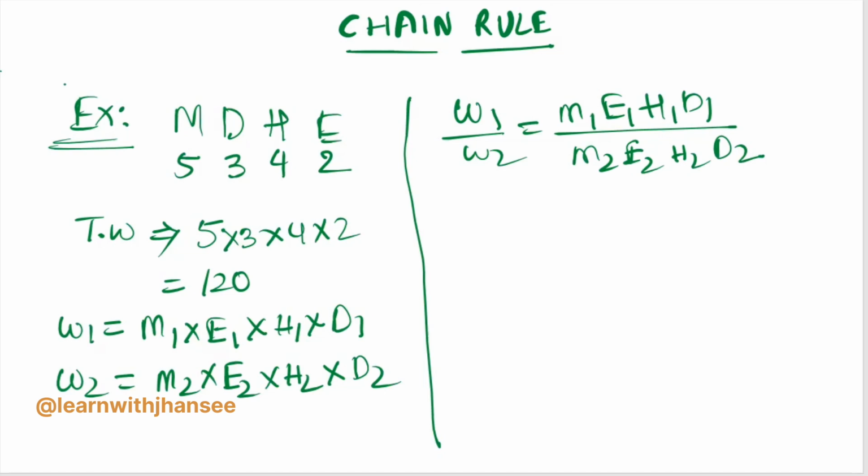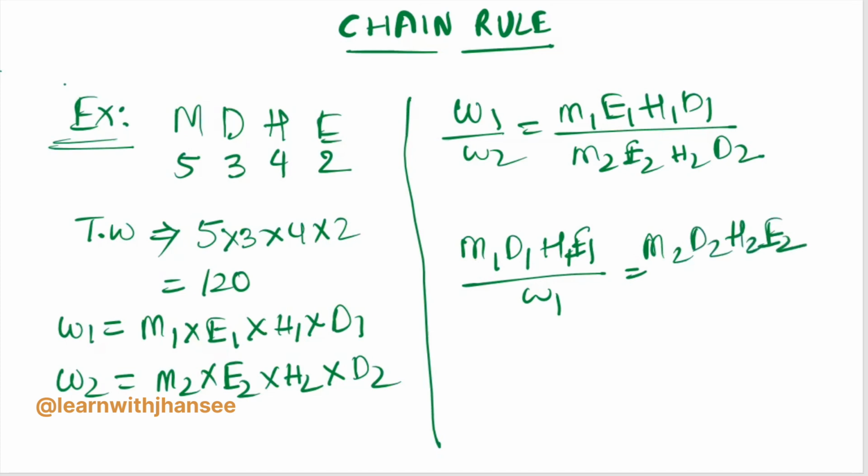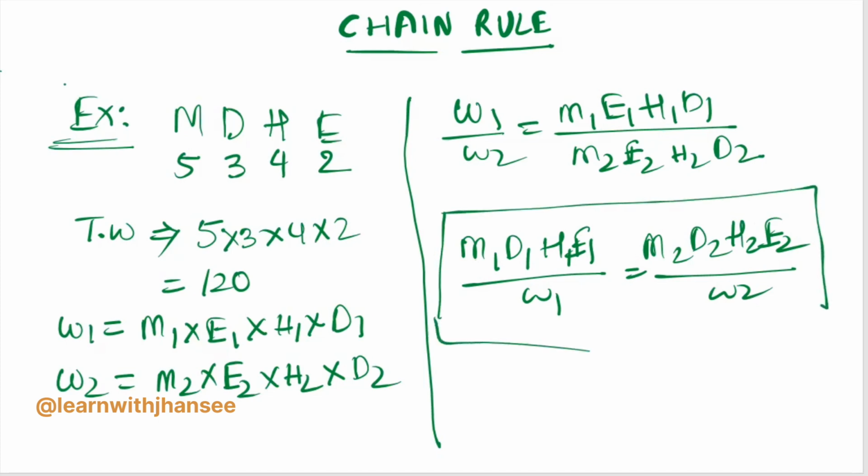So the individual works are M1 D1 H1 E1 by W1 is equal to M2 D2 H2 E2 by W2. This is the basic formula to find the answers easily. If you follow this formula, maximum all questions are related to this formula only.